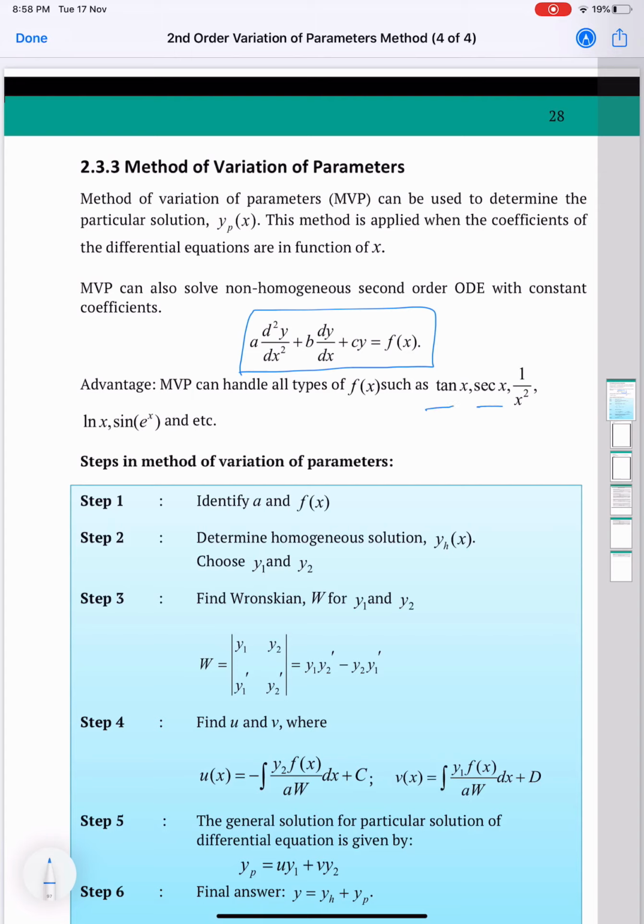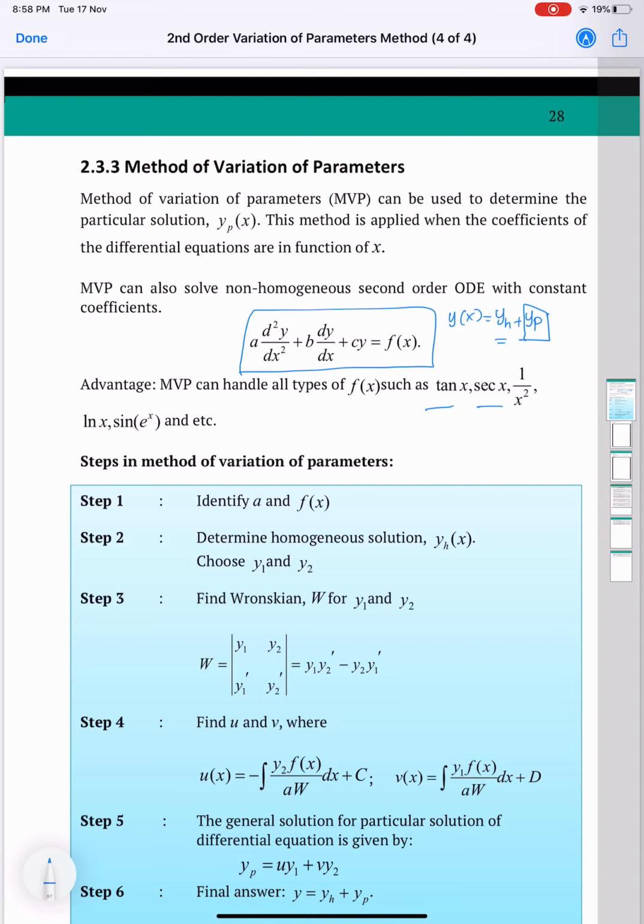As usual, the solution for this differential equation is y(x) equal to yh plus yp. The method of variation of parameters is used to find the value of yp. For yh, we still use the same method as in the undetermined coefficients method.